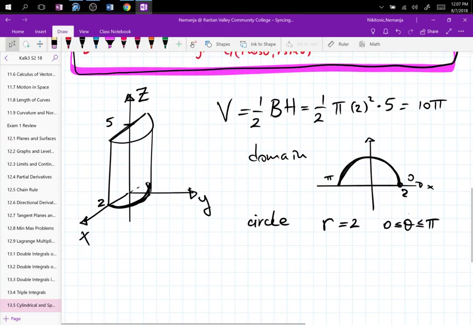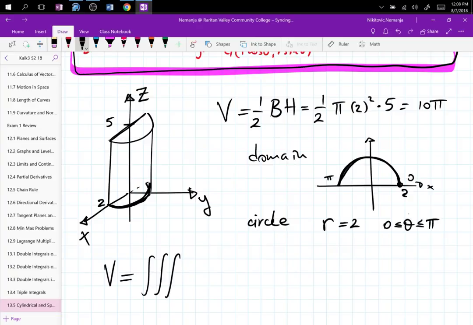So now I described my domain. So now I have the volume of this thing to be the triple integral. I'm not putting anything in here, so I only have the z, r, d theta. Theta is 0 to pi because I only want half of the circle in a base.